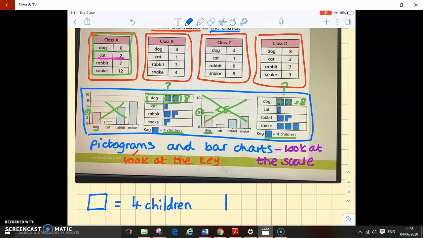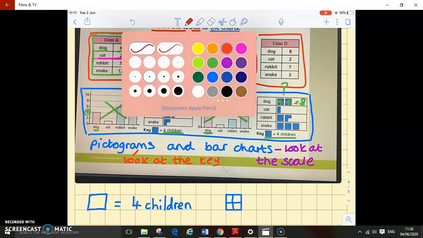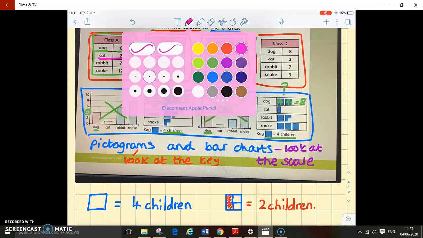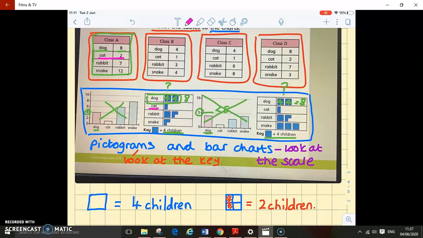If I've only got half of a square shaded, just going to show you what I mean, then that's going to equal half of 4, which is 2. So if I've got a whole square and a half of one, that's going to be 4 add 2, which is 6.